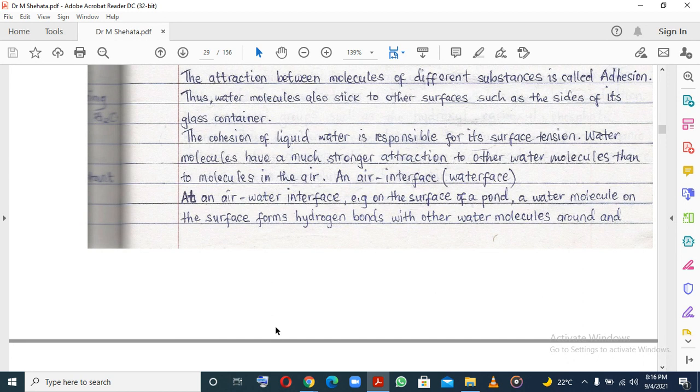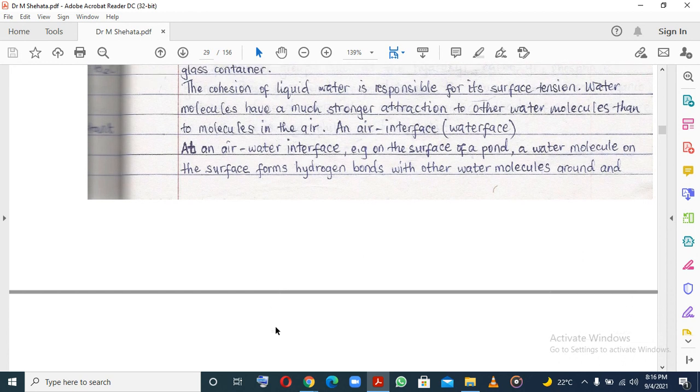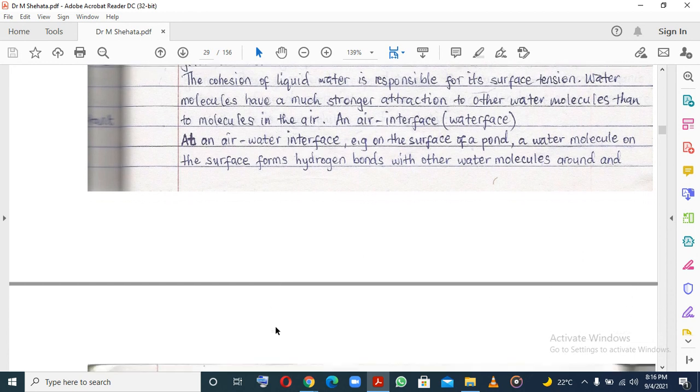You may be wondering, why is this important? First let's talk about cohesion, since that's what we started with. Cohesion of water is responsible for what we call surface tension. When you're talking about surface tension, like the word tells, you're talking about the surface of something and how tense it is.